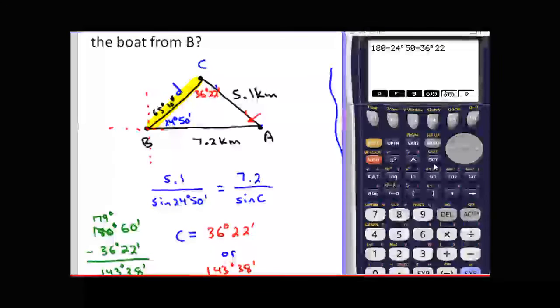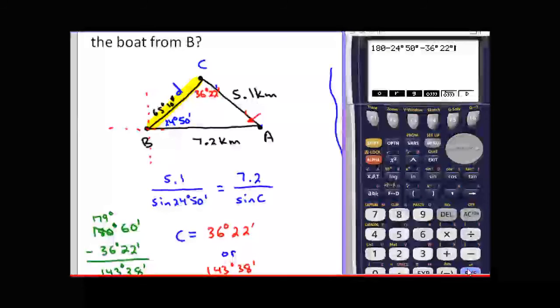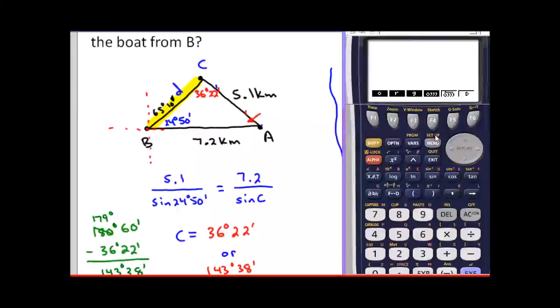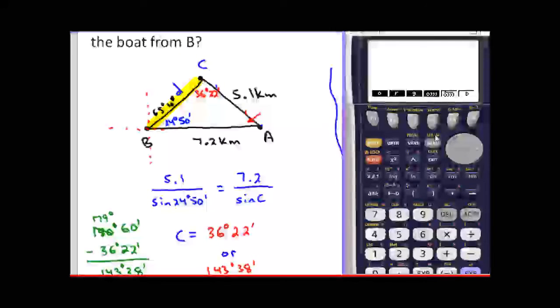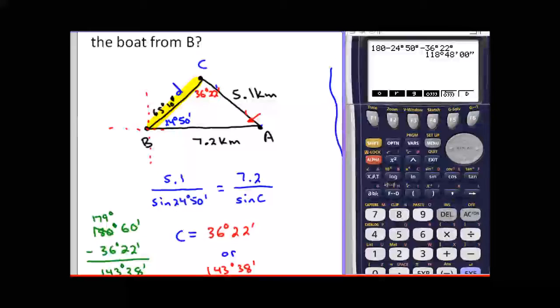Whoops, I forgot. It's even telling me I forgot my minutes there. I forgot the same thing here, minutes. So that turns out to be, whoops, come on. Change that to degrees, minutes, seconds. 118 degrees, 48 minutes.